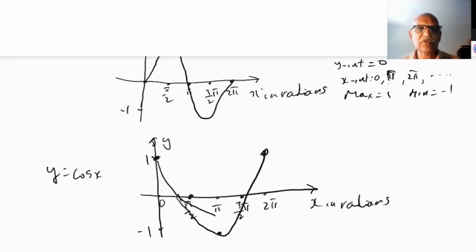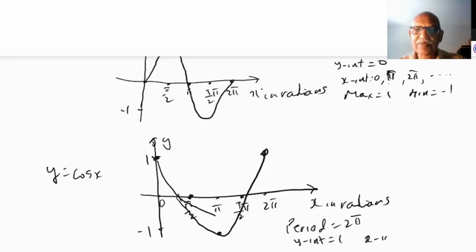There is only one cycle here, the cycle continues, and exactly the same way we can say the period is 2 pi radians, which is like 360 degrees, and the y-intercept is 1.